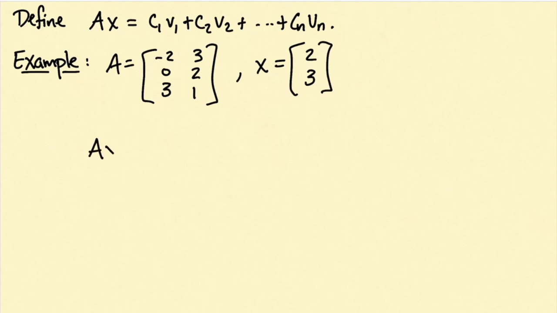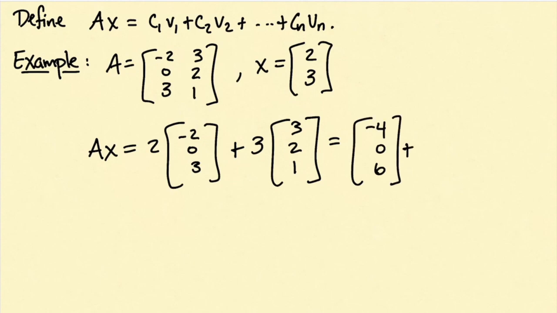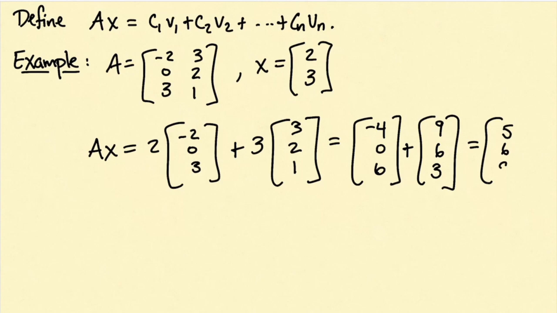The matrix A times the vector x is defined to be the linear combination 2 times the first column plus 3 times the second column. Scaling the first column by 2, we get -4, 0, 6. Scaling the second column by 3, we get 9, 6, and 3. So when we add them together, we'll get 5, 6, 9.